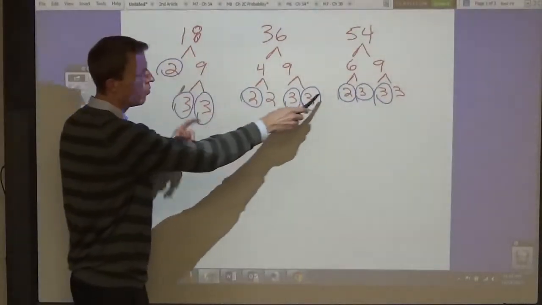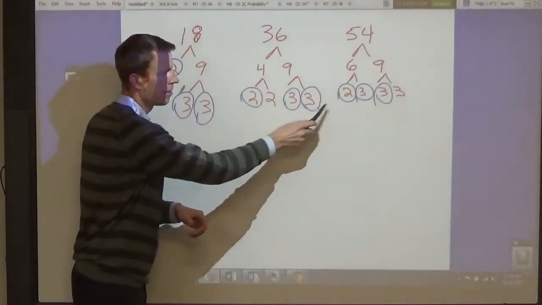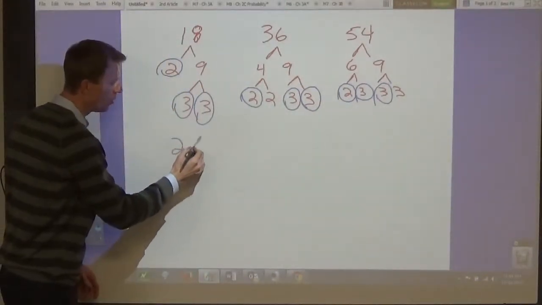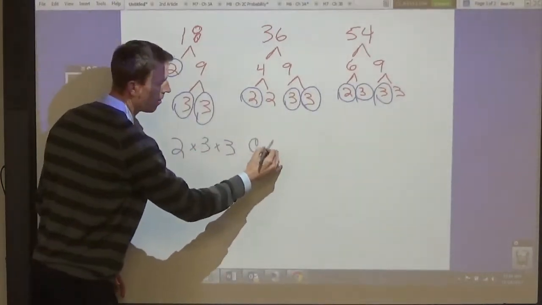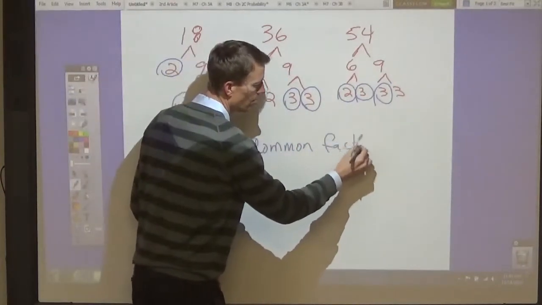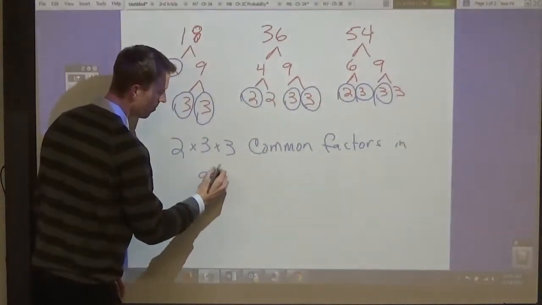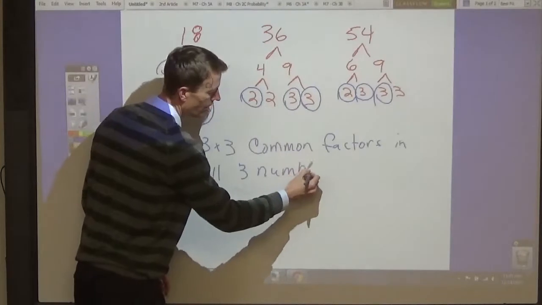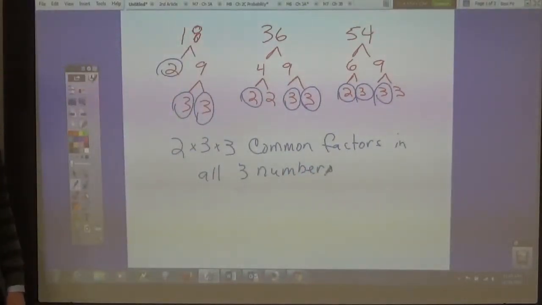There's 1 2 in all of the numbers, and there are 2 3s in all of the numbers. So you multiply 2 times 3 times 3. These are the common factors in all 3 numbers. Okay? Does that make sense?